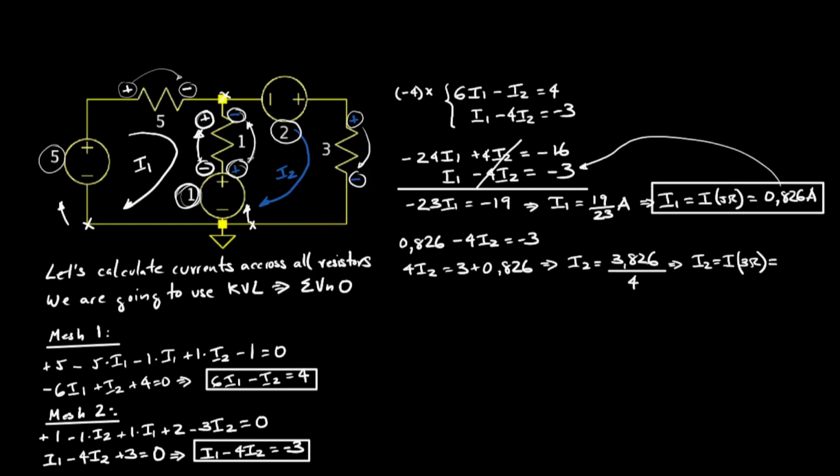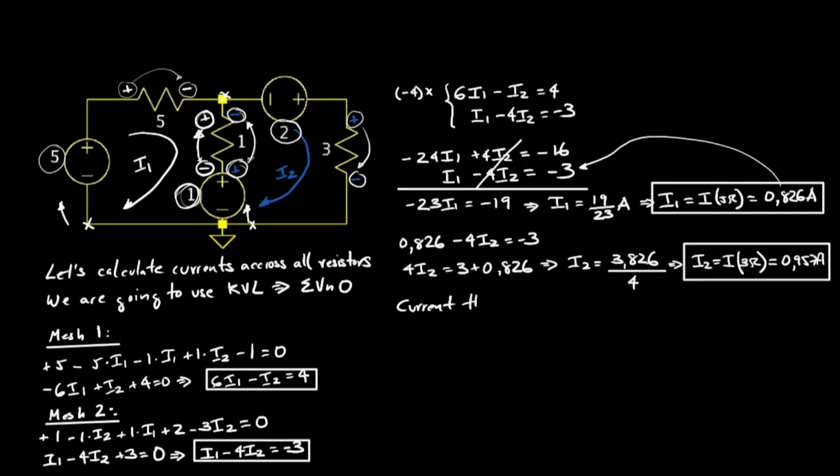Then by substituting this value in any of the equations, I can get that the current around mesh 2 equals 0.957 amperes, or 957 milliamperes.